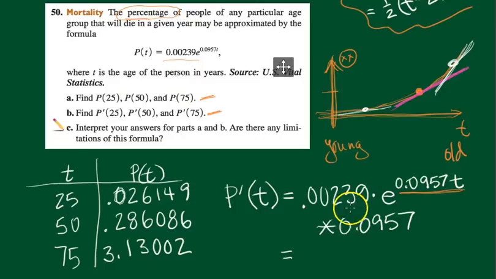So now I'm going to multiply these two constants together, and here's what I get.